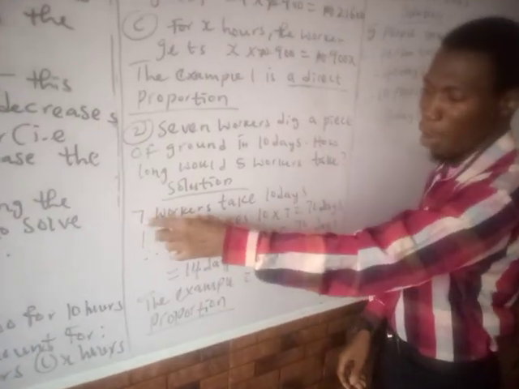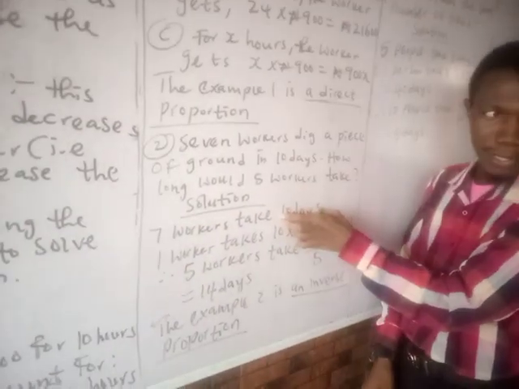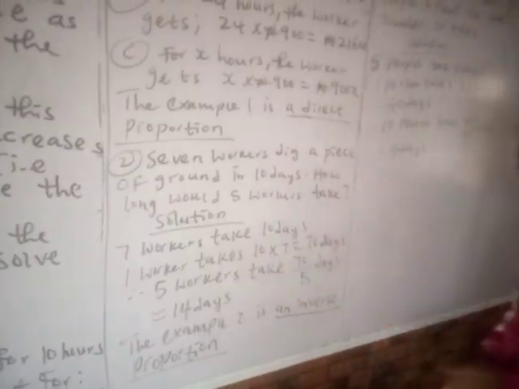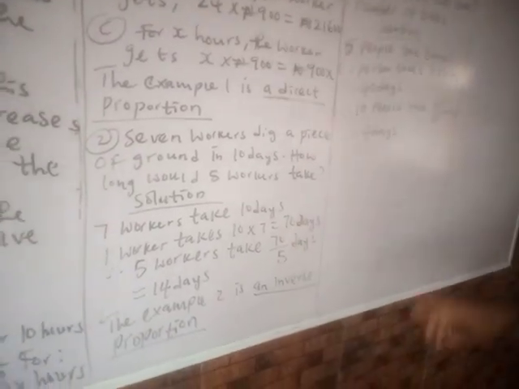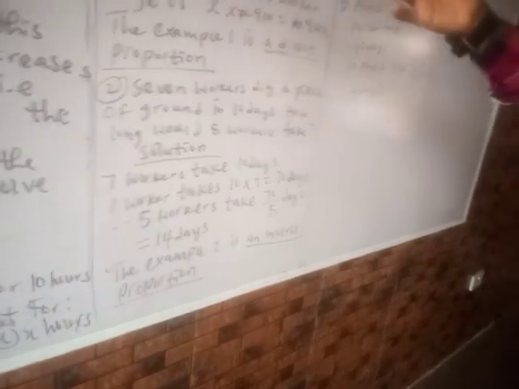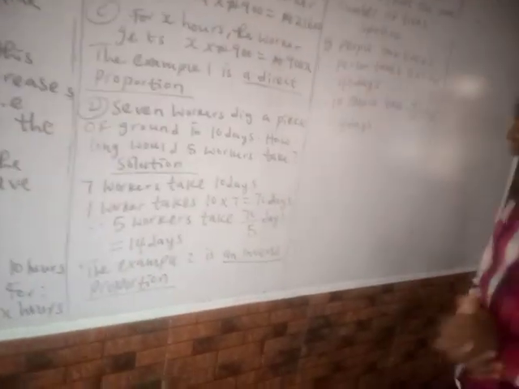Multiply the number of workers and the number of days that they work. That is 10 times 7. 10 times 7 is 70 days. So it will take a long time for 1 worker to do that work.